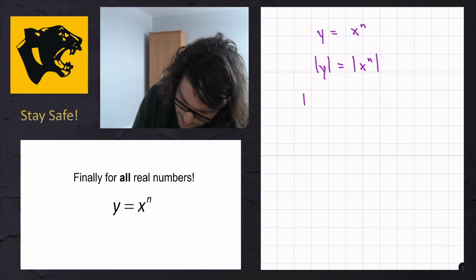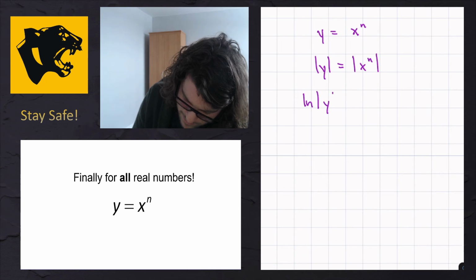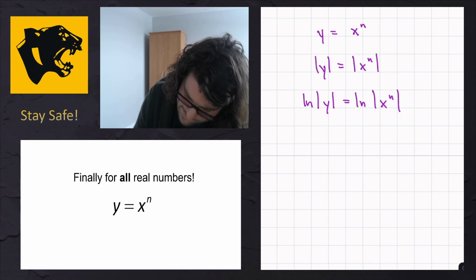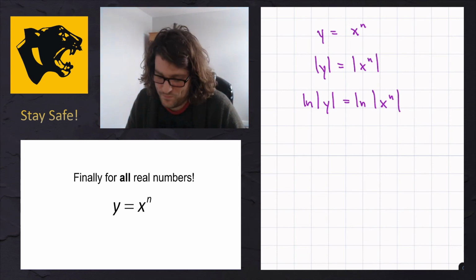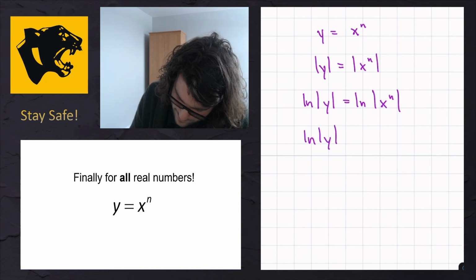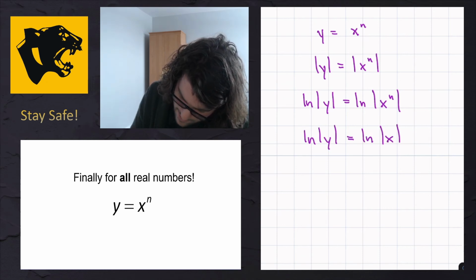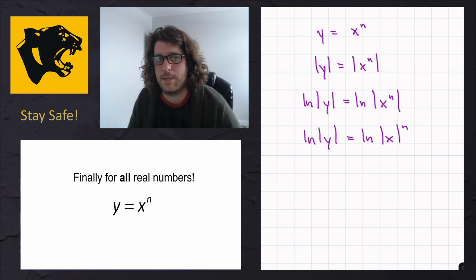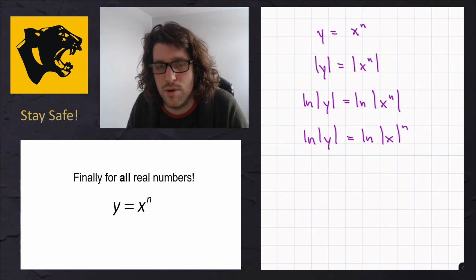I'm also going to take the natural logarithm of both sides of my equation, like this, and then I'm going to also write the right-hand side of that a little bit differently. So this one I'll talk about a little bit more.